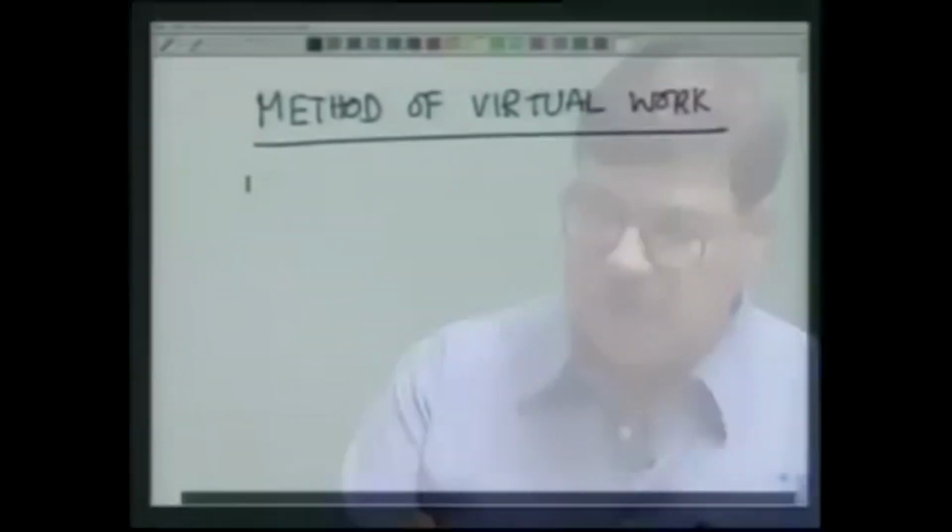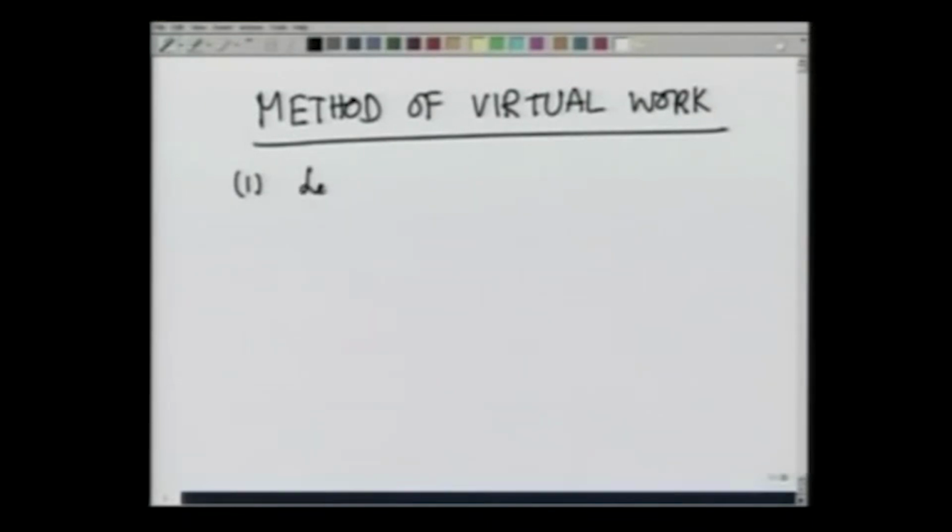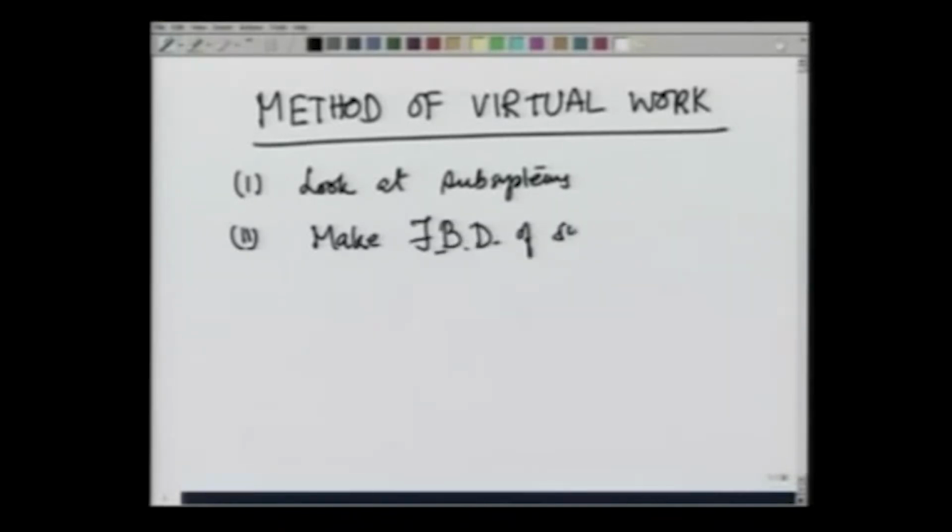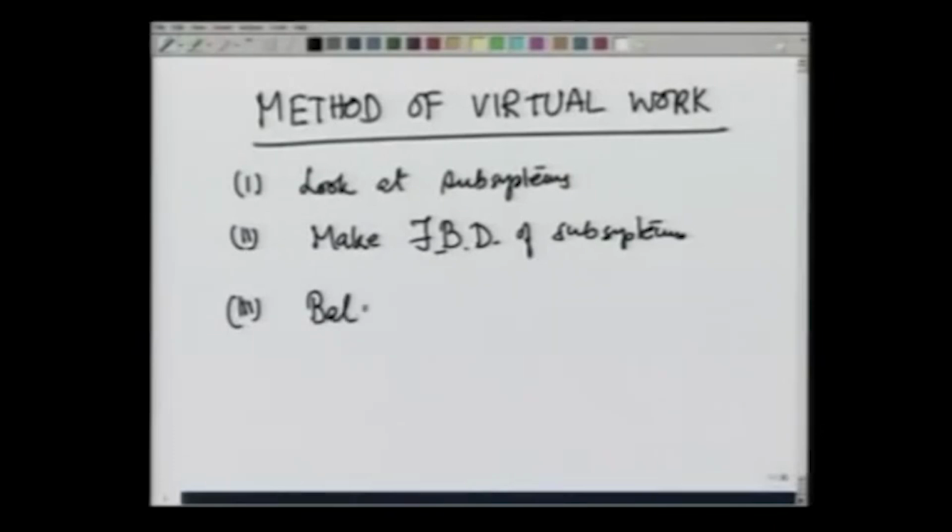Our strategy in those cases was to look at subsystems and make a free body diagram of the subsystems, replacing the constraints or the contact with other subsystems by the forces applied by them, and balance all forces and torques.